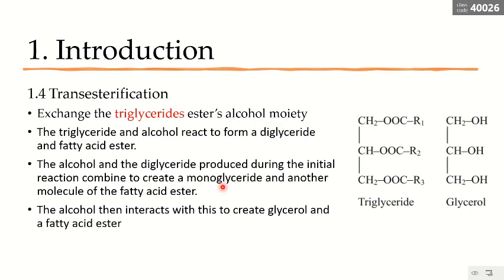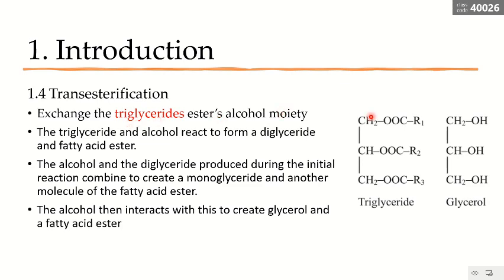Just now we introduced the concept of trans-esterification. We know esterification, this word from organic chemistry, is basically forming the ester from the acid and alcohol. Trans-esterification means we are going to exchange one part of this ester.